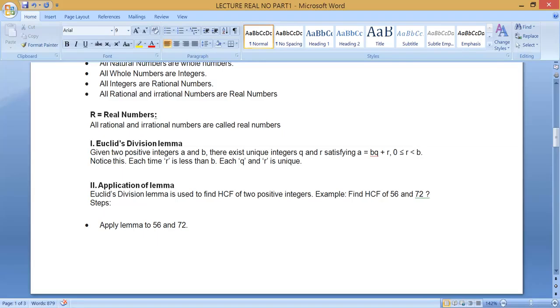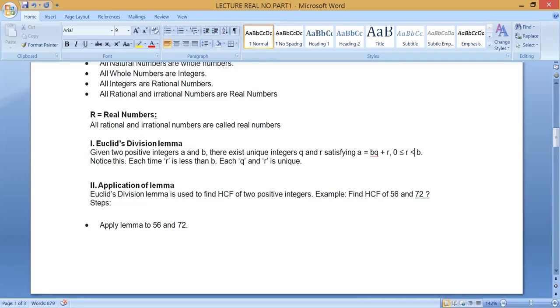Then only you say it is correct, because if you are dividing 8 by 3 and you are writing 3 ones are 3 and the remainder you are getting is 5, then you will say further it can be divided. So very important. This is what Euclid division lemma is.